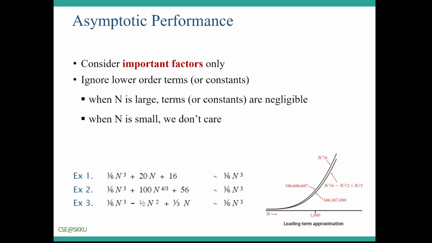We can classify time complexity into two main categories: polynomial time and exponential time. Polynomial time includes functions like big O(1), big O(log n), big O(n), big O(n log n), big O(n squared), and big O(n cubed).